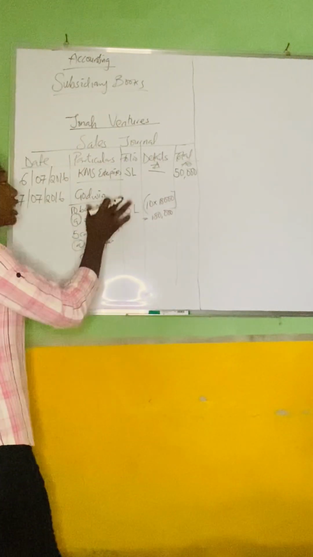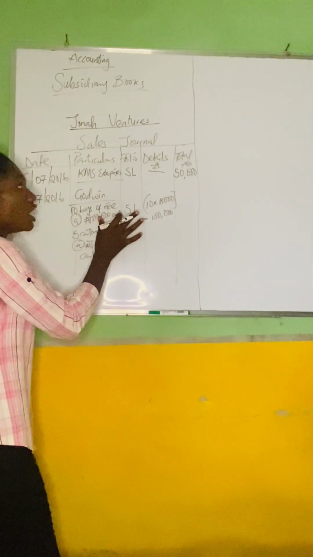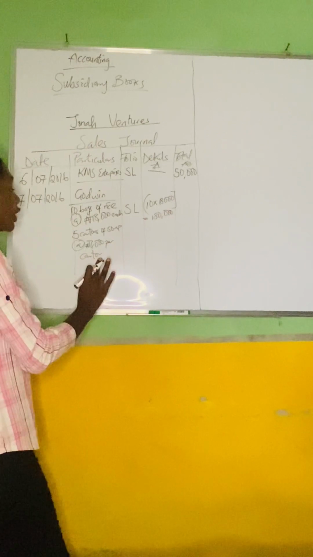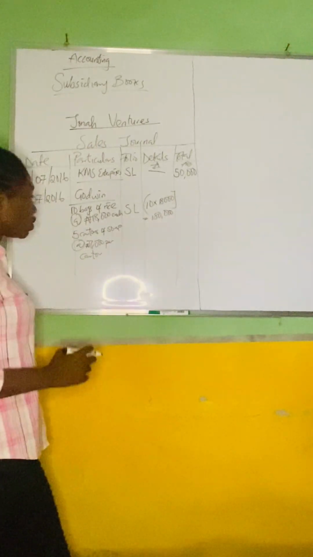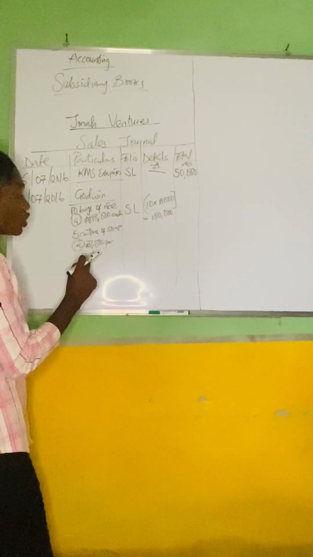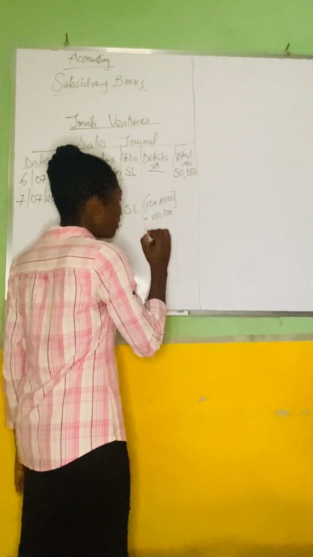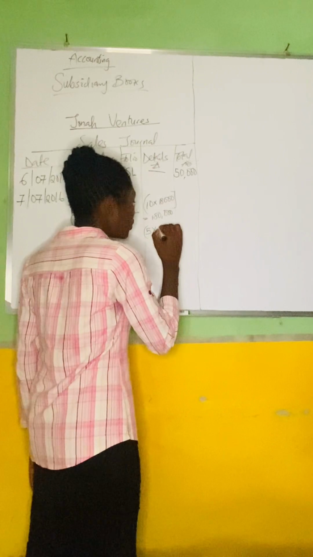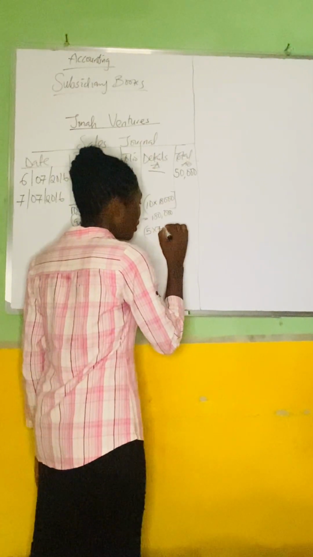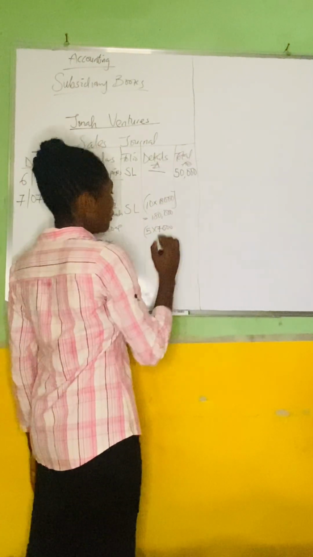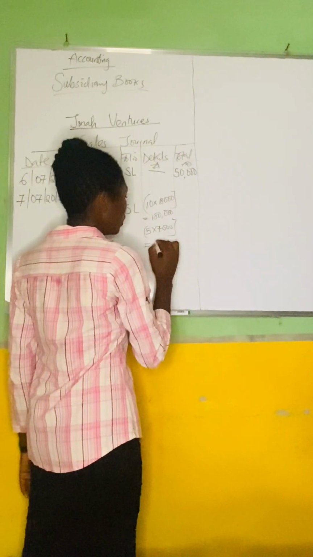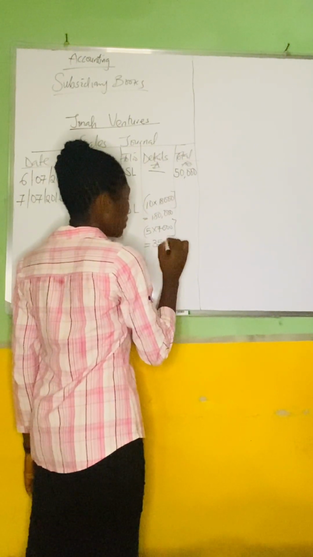Since it is for the same person, this folio still stands. So we're going to be moving to our details. For 5 cartons of soap at 7,000 naira per carton, our amount will be 5 times 7,000, which gives us 35,000 naira.